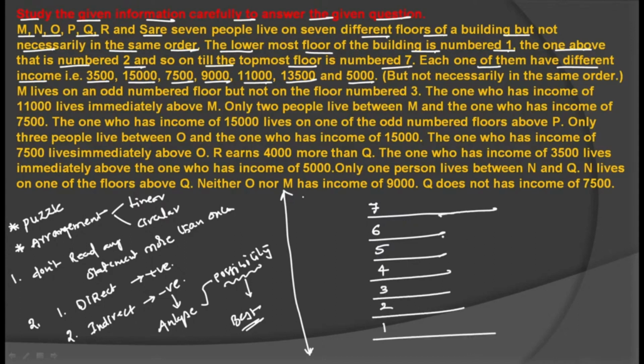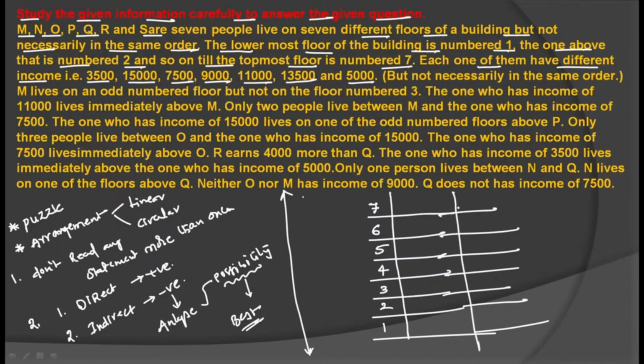The most important thing out of all these floors, you have to arrange a person along with their respective income. So make all the possibilities, try to identify all the possibilities. There is a floor, you have to arrange the person and their income.